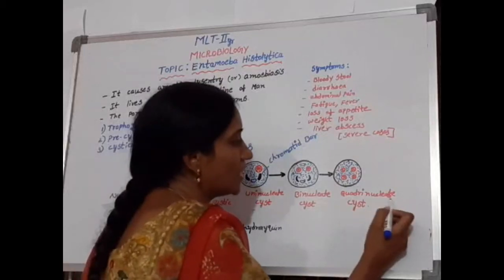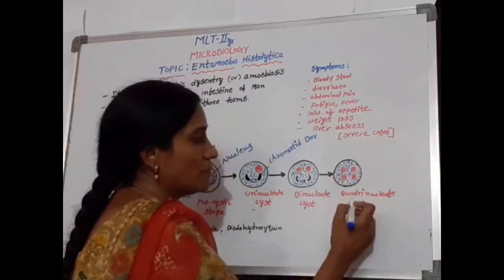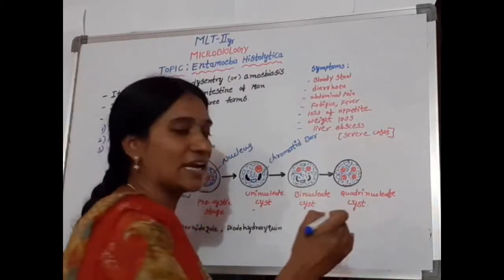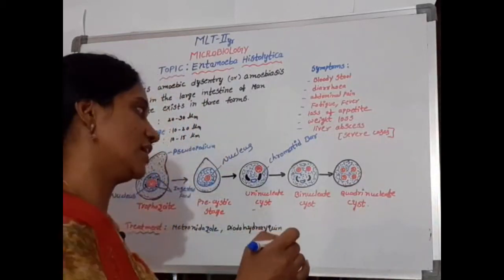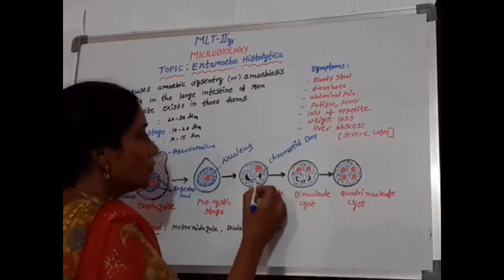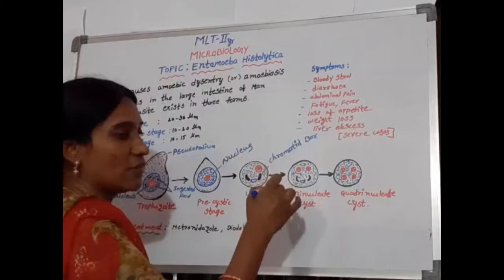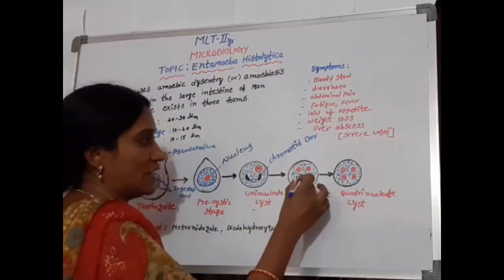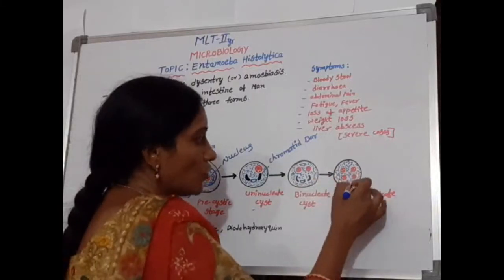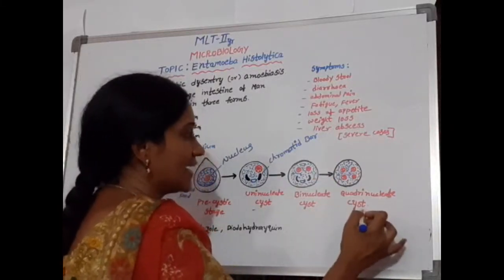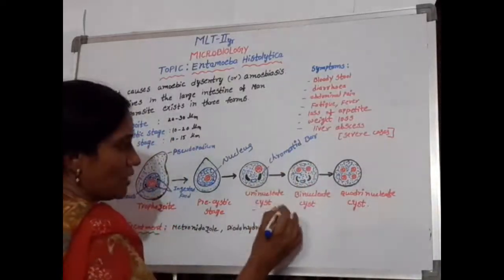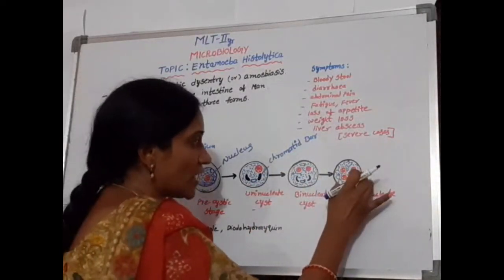That is the quadrinucleate, or tetranucleate, cyst. So the uninucleate cyst divides to form a binucleate cyst, and the binucleate cyst forms four nuclei. This is the last stage of Entamoeba histolytica, and it is the infectious stage.